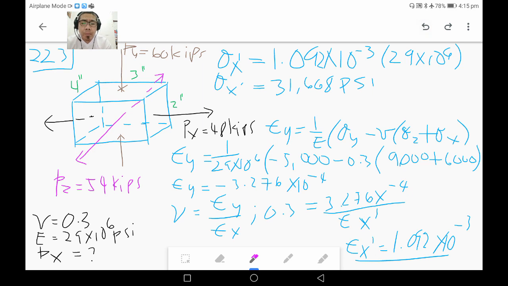So, therefore, PX, stress times area. What is stress? 31,668. And what is the area? What is the area of surface in x direction? That is 4 times 2. Yun yung area eh.